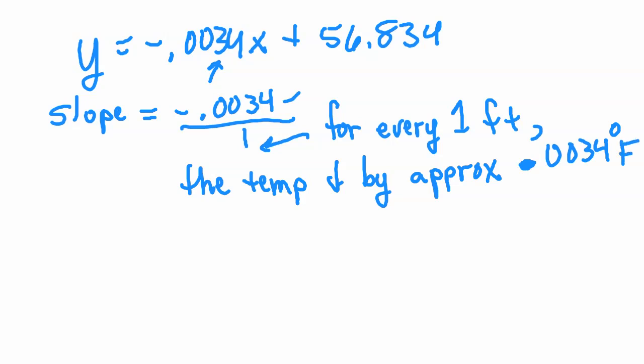Okay, because the numerator is your temperature. That's what the slope tells us. Rise, remember we talked about that in the beginning, rise over run.